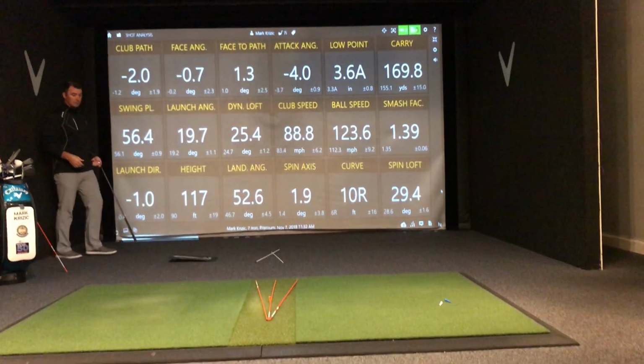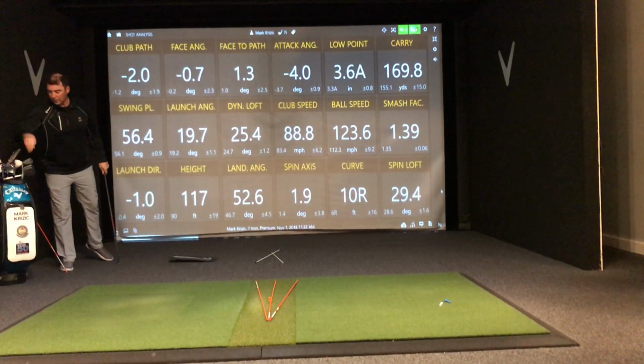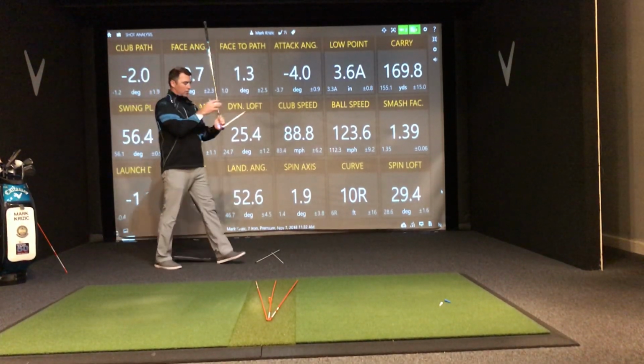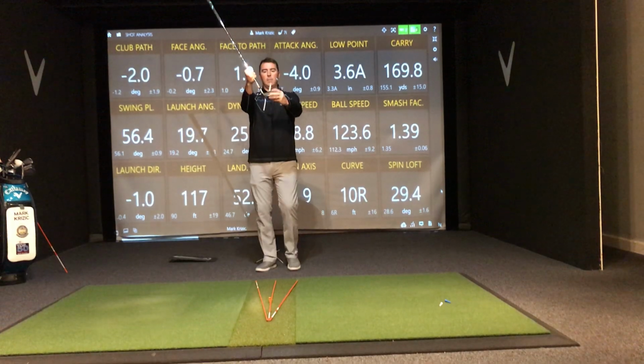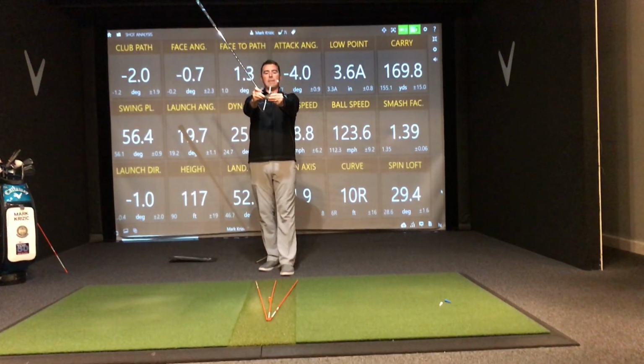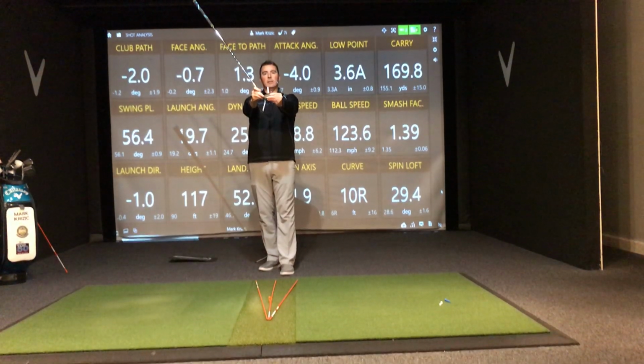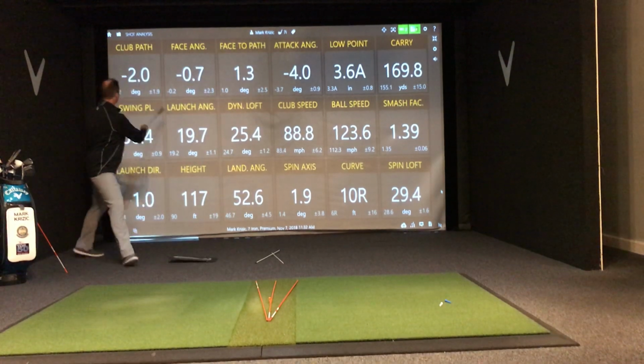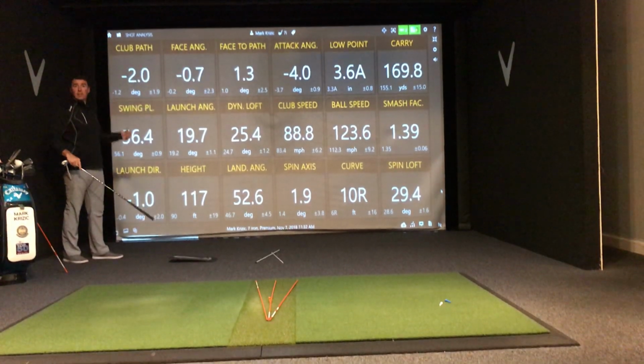Launch direction. It's going to be hard to see, but launch direction, if that's going straight at me, that means I launched the ball 1 degree to the left. And it's proper, because my club path was 2 degrees to the left.